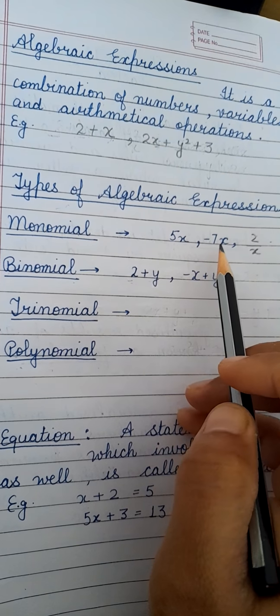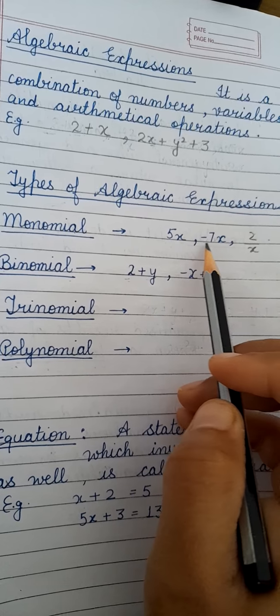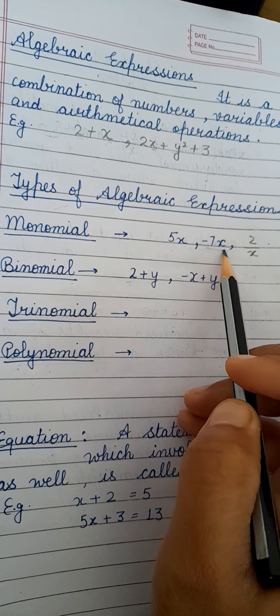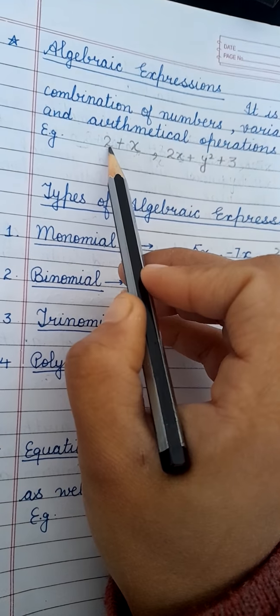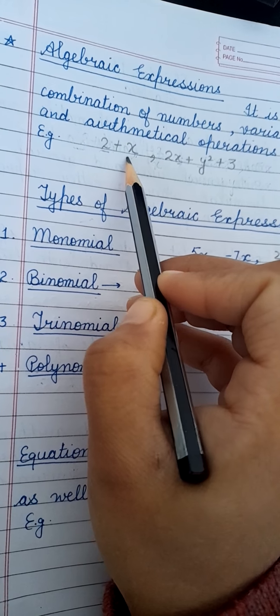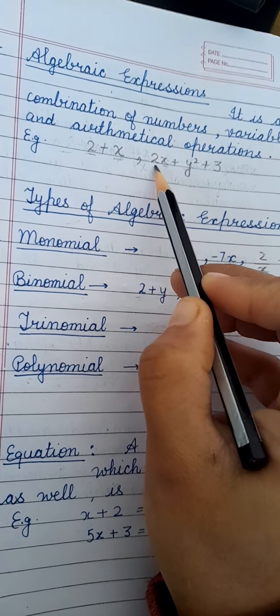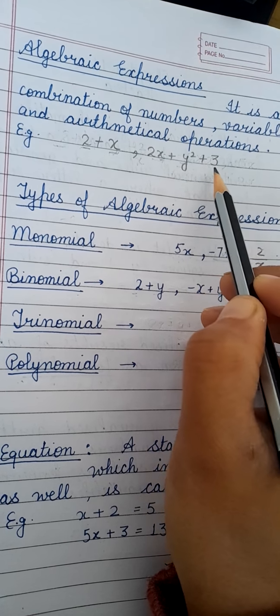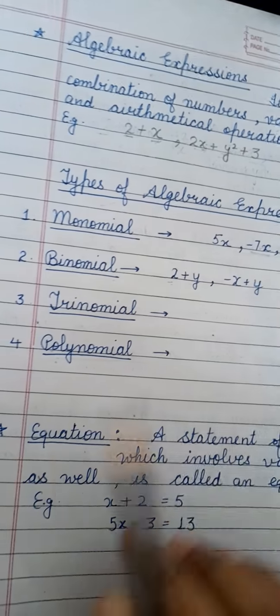Clear? Here the operation between -7 and x is multiplication, so this is basically one term. Terms are these: 2 is a term, x is a term, 2x is a term, y square is a term, 3 is a term of this complete expression.